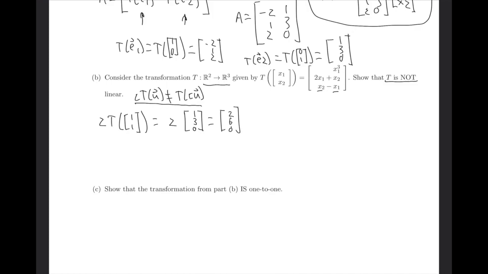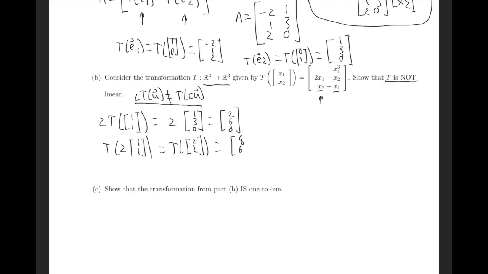And now what if we put the 2 inside instead? So we had T of 2 times (1, 1). That's going to be equal to T of (2, 2). If we plug that in, we get 8, because that's 2 cubed. And then 2 times 2 plus 2 is 4 plus 2 is 6.